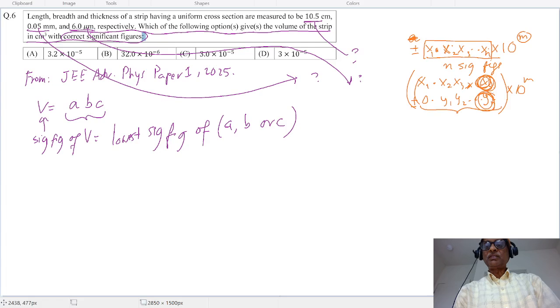So this is the digit that's uncertain. Everything else here is certain.